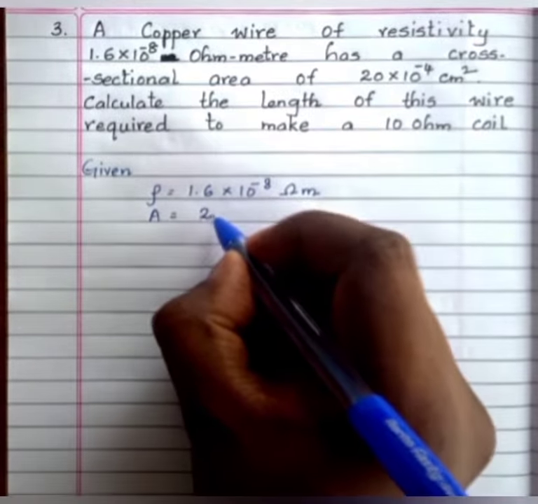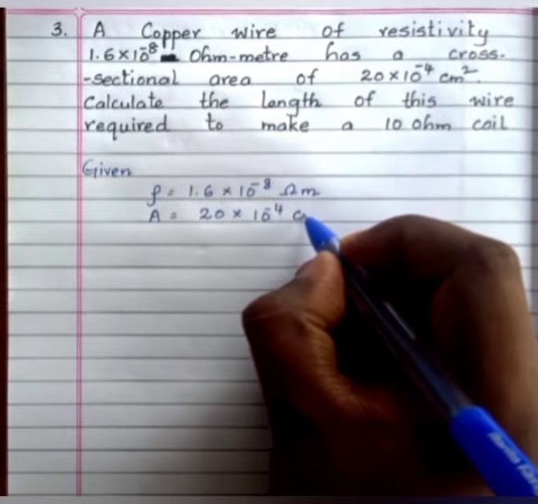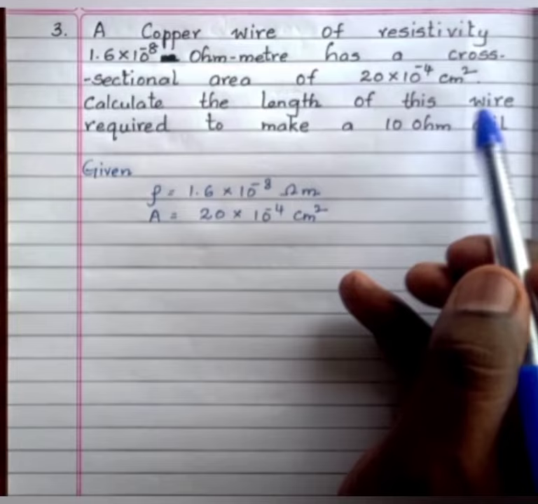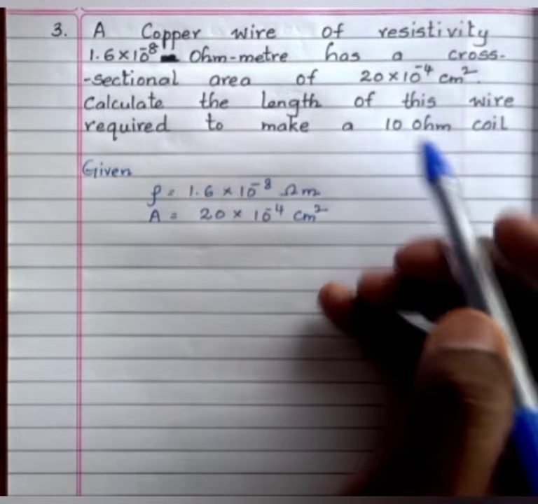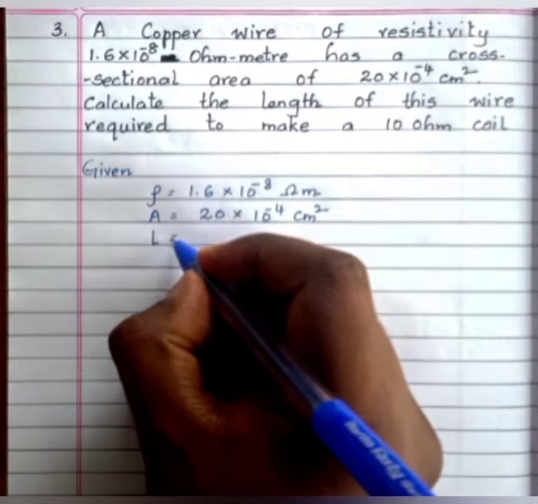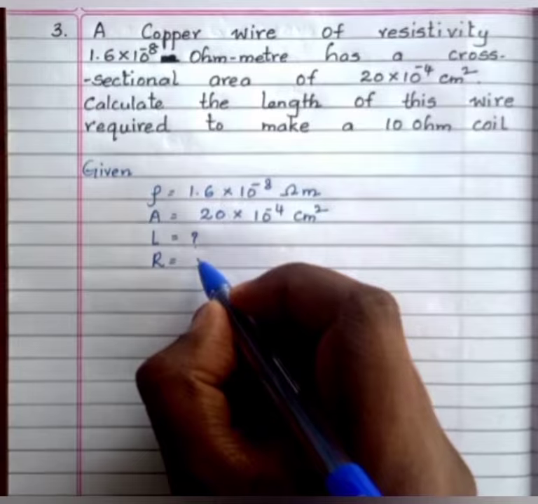Therefore, the area of cross section of the copper wire is 20 into 10 power minus 4 square centimeter. Calculate the length of this wire required to make a 10 ohm coil. Therefore, we need to calculate the length of the copper wire, given the resistance as 10 ohm.